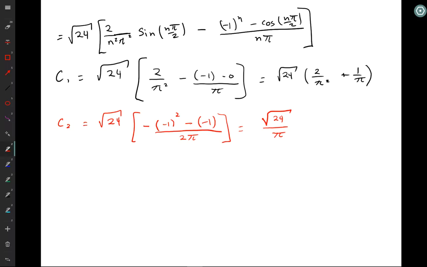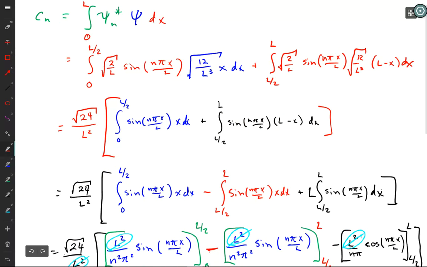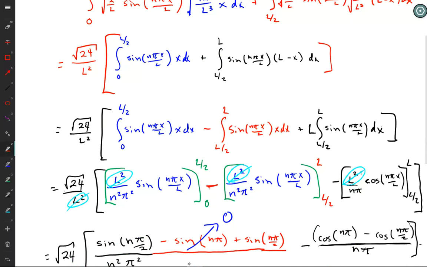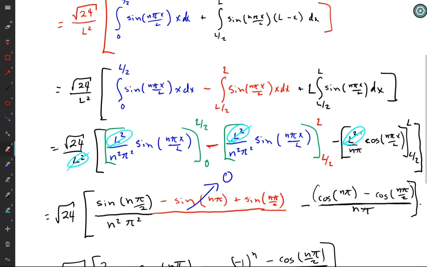Well, no, square root of 24 is not 1.56. Yeah, but when you divide by pi. So I made a mistake somewhere here because that cannot be.